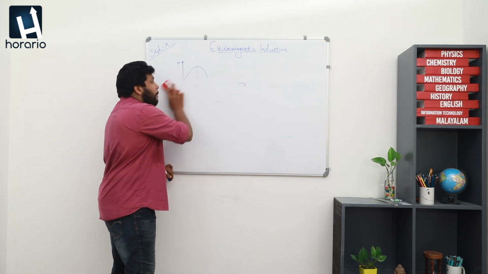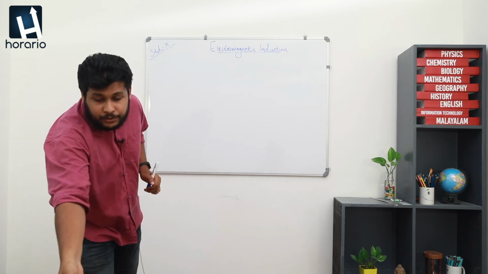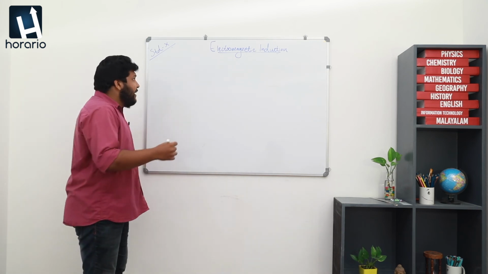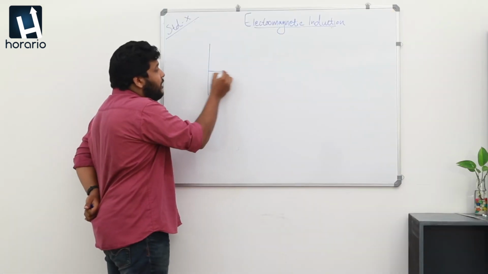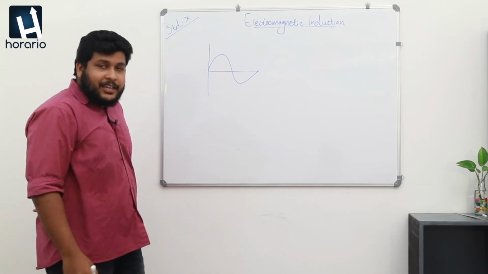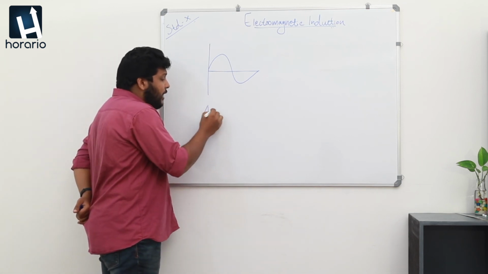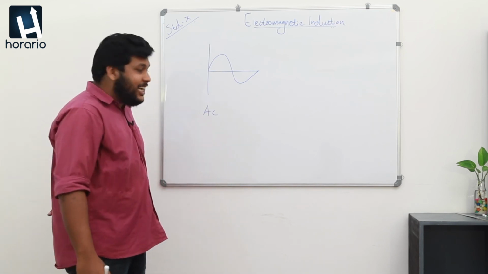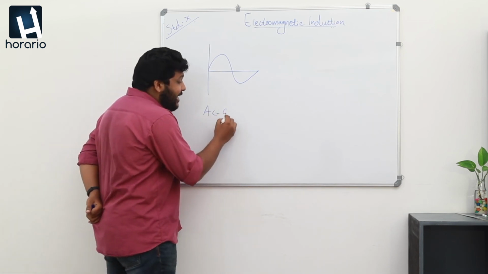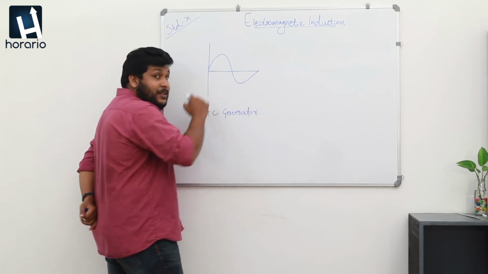So in this session we discussed how alternating current is produced. We say that alternating current can be produced from the generator. The generator which produces AC, or alternating current, is known as an AC generator.